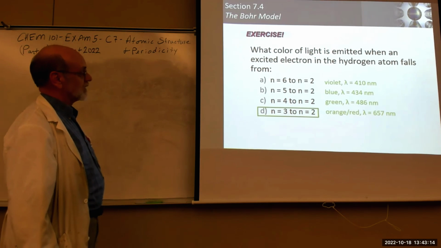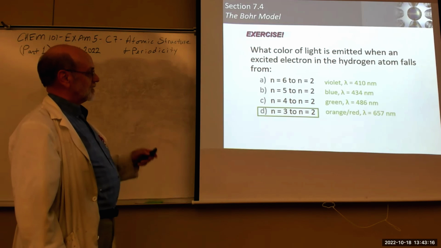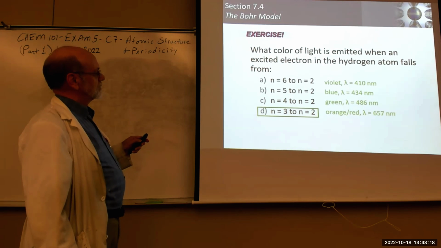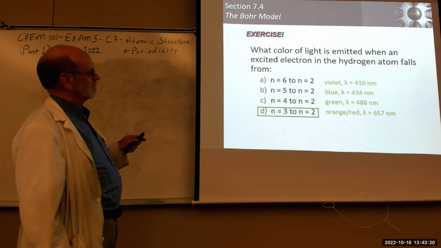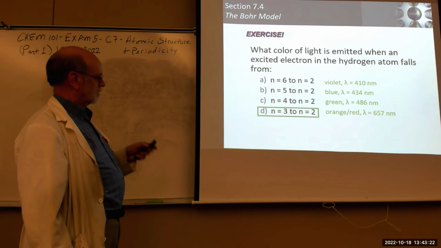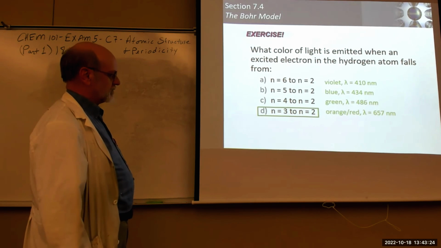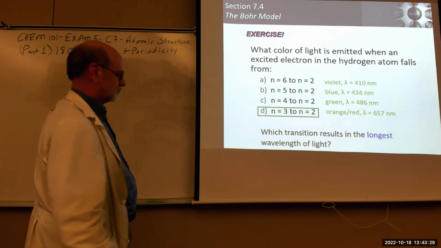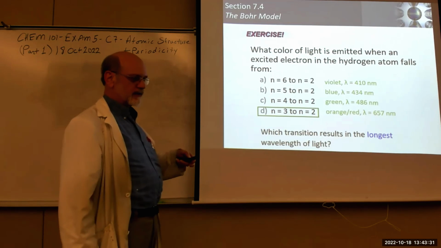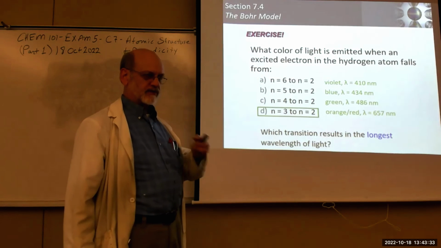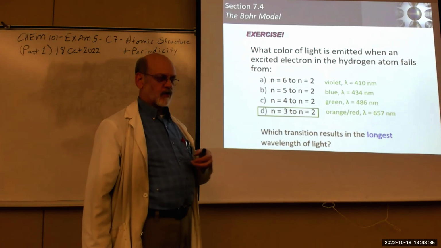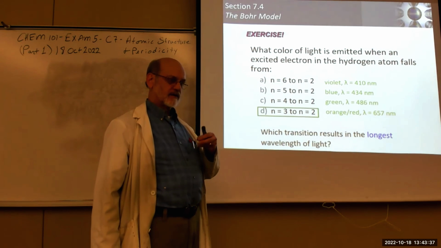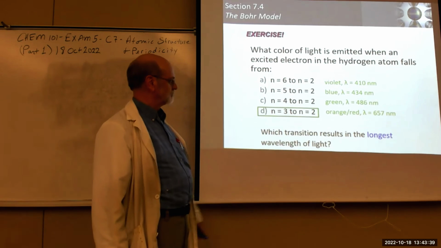What color of light is emitted when it, oh, okay. That's the lowest energy jump from 3 to 2 in that group. So that's the longest wavelength. Remember, longer wavelength means lower energy. Longer wavelength means smaller frequency.